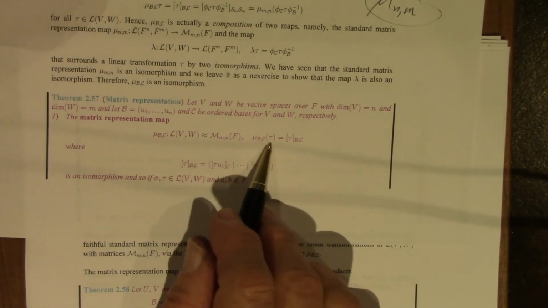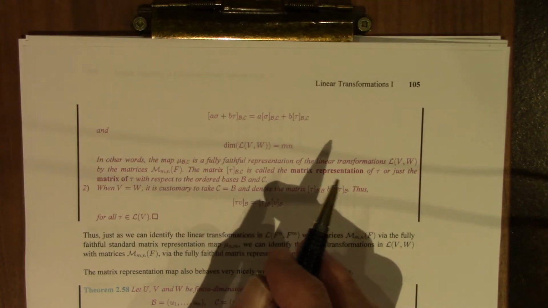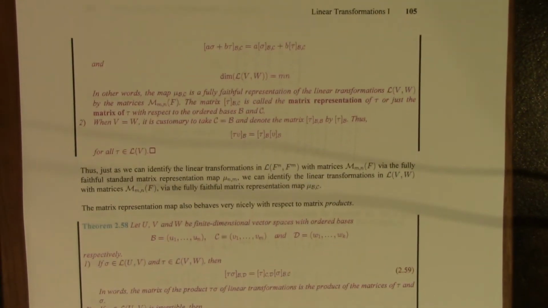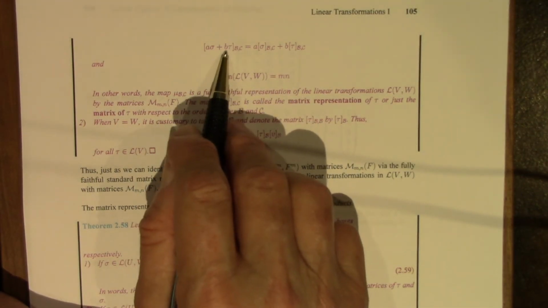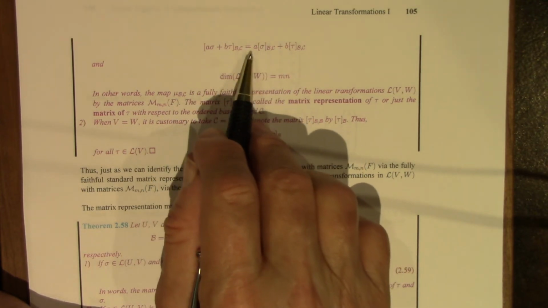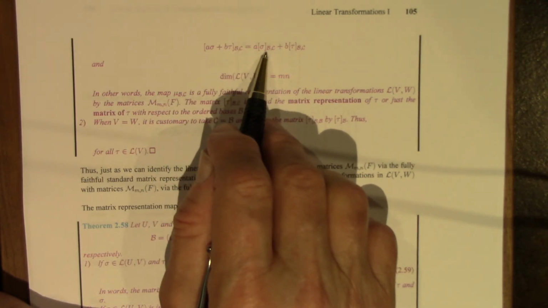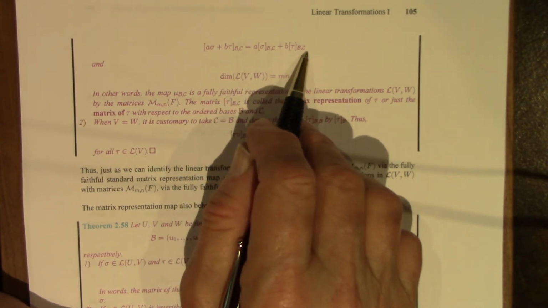So this map is an isomorphism, which in symbols means that the matrix representation of A sigma plus B tau is A times the matrix representation of sigma plus B times the matrix representation of tau.